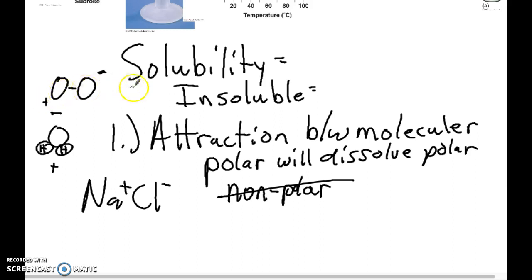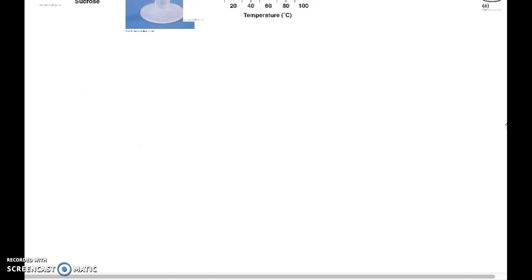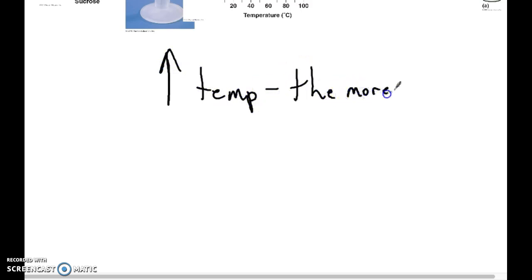Another thing besides that would be the temperature. We've already talked about that a little bit. Generally speaking, the higher the temperature, the more solute can be dissolved. As you heat it up, the water molecules move faster.